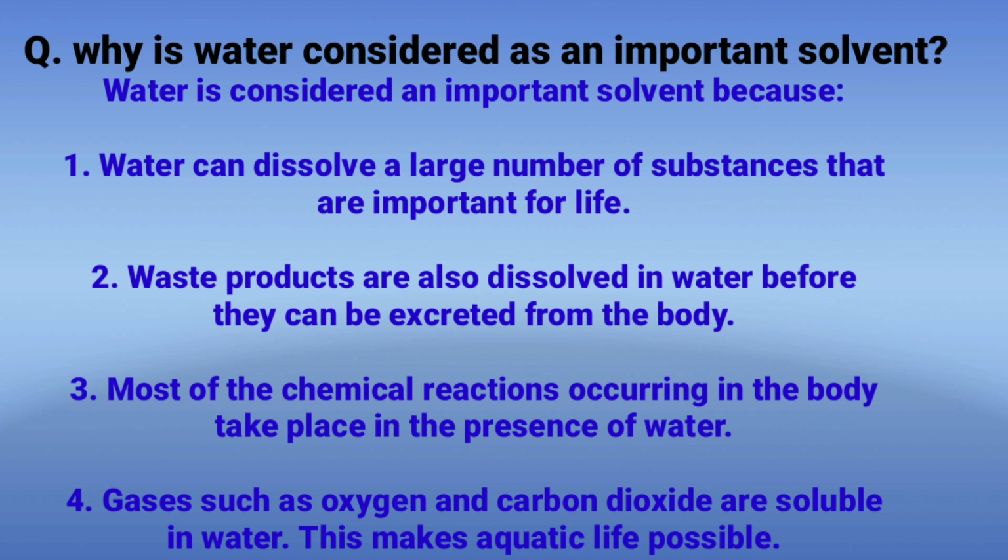Number 2, waste products are also dissolved in water before they can be excreted from the body. Number 3, most of the chemical reactions occurring in the body take place in the presence of water. Number 4, gases such as oxygen and carbon dioxide are soluble in water. This makes aquatic life possible.